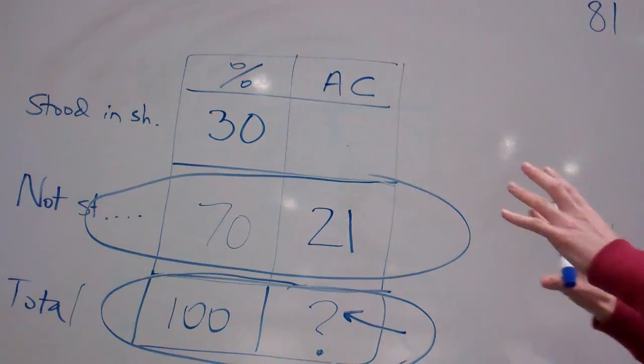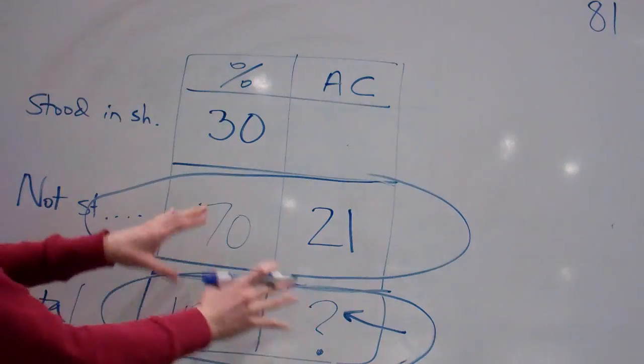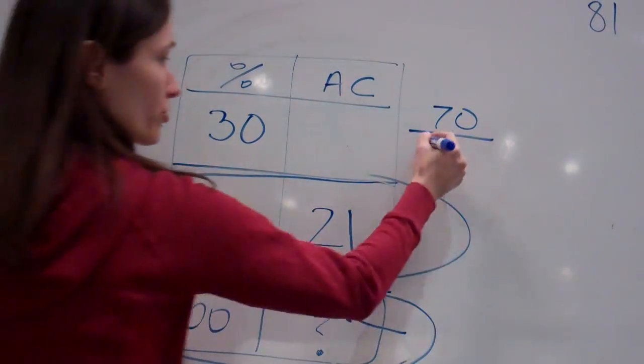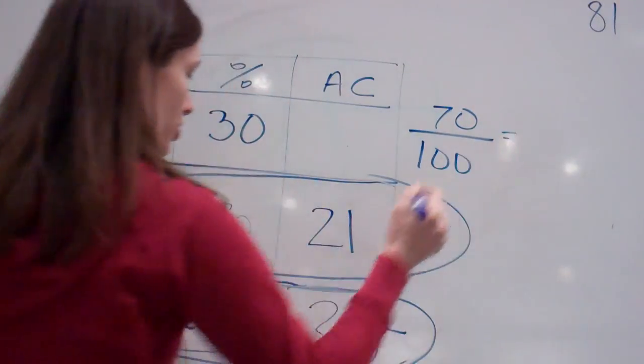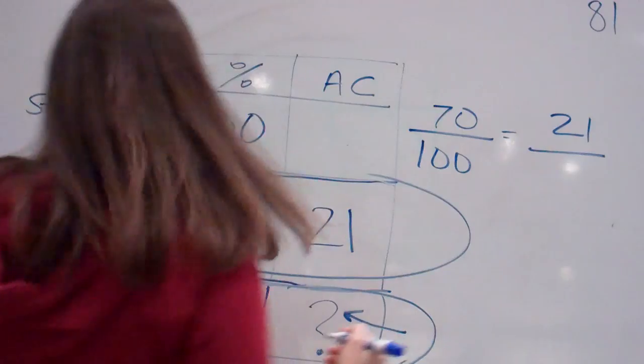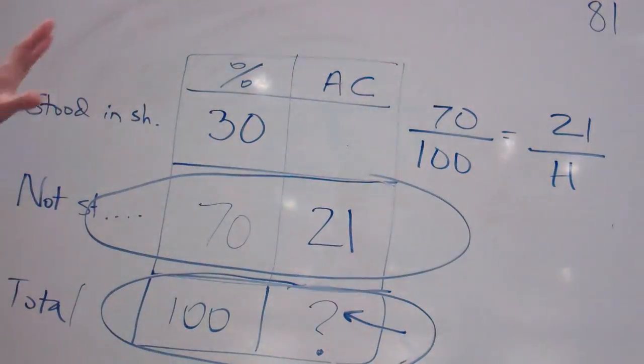Okay, so once we have those proportions, you're going to write them just like it is. 70 over 100 equals 21 over, and we'll put question, H for herd. Okay? Does everybody understand how I've done this?